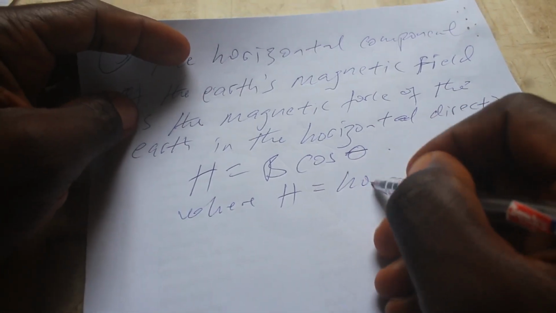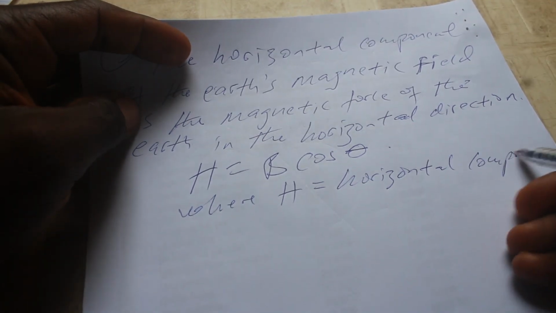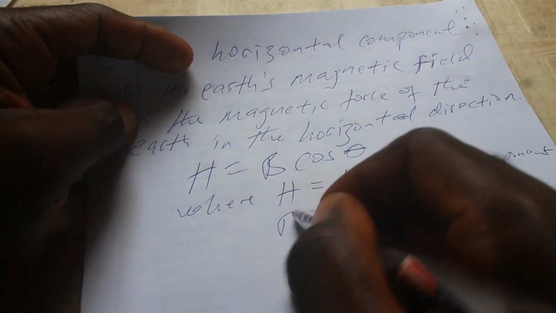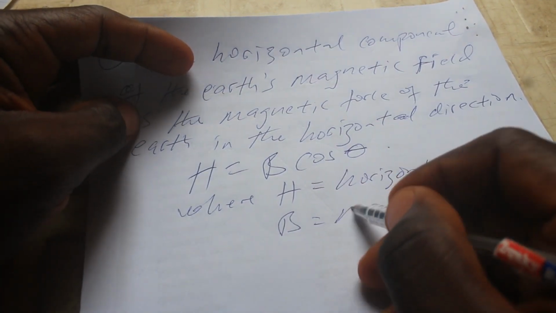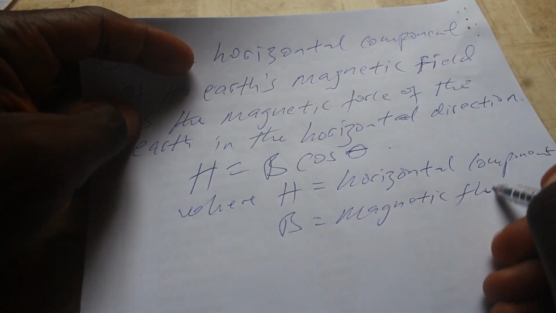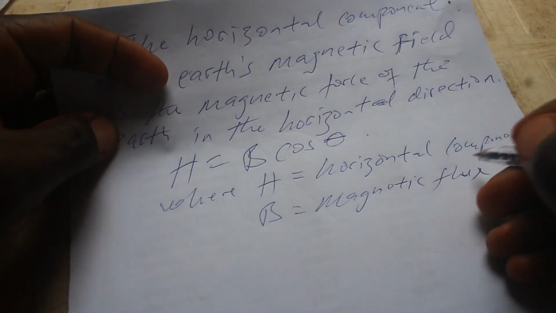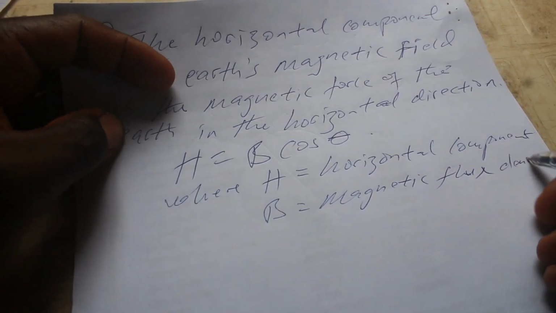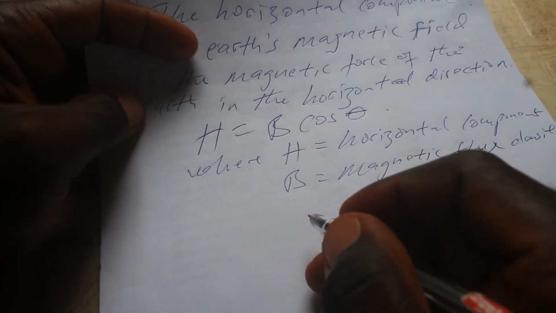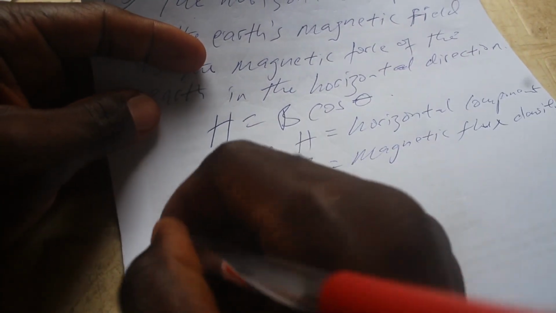where H is the horizontal component and B is the magnetic flux density. I'm going to be telling you what that is in a moment. So what is magnetic flux density?